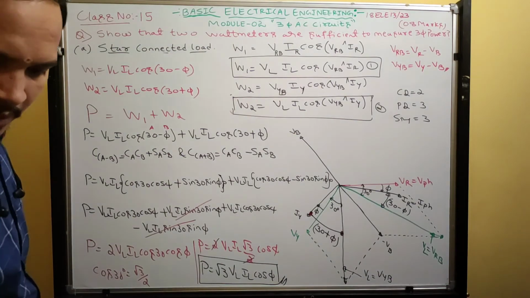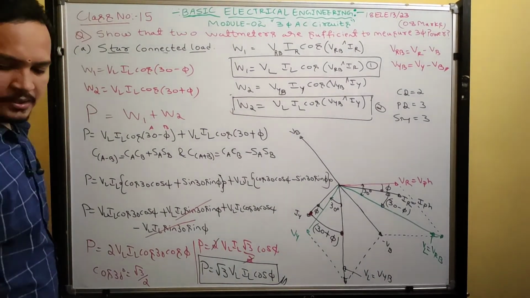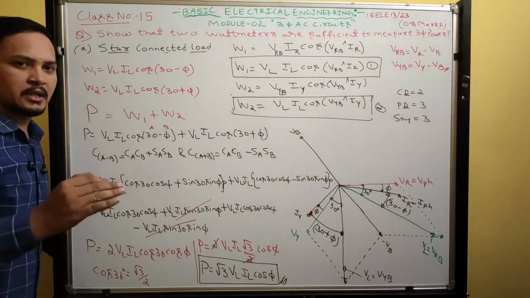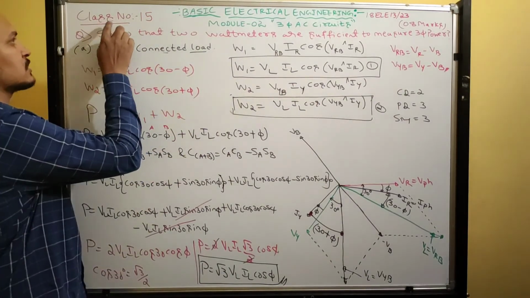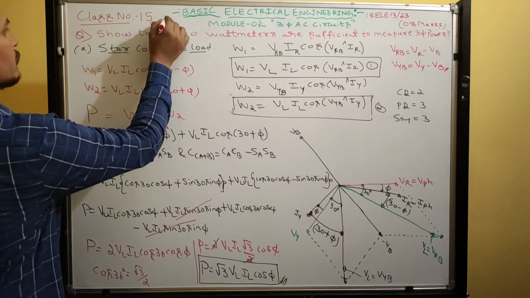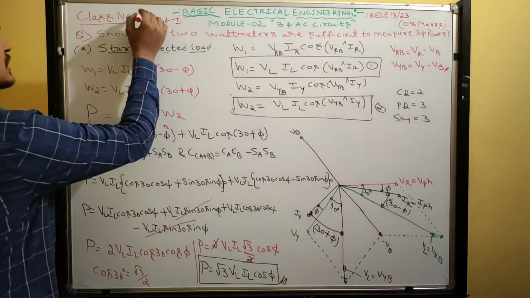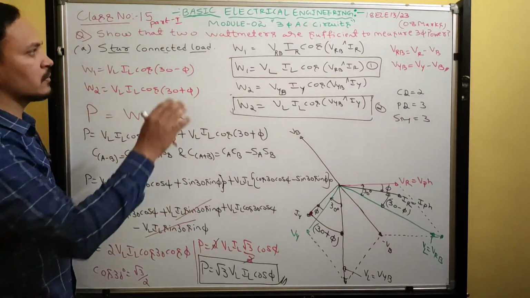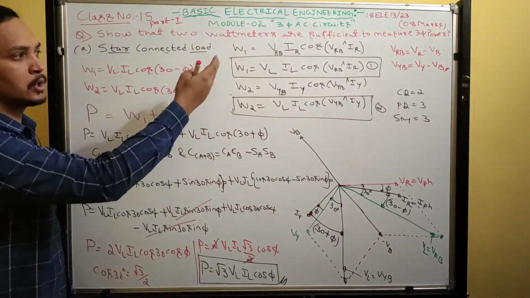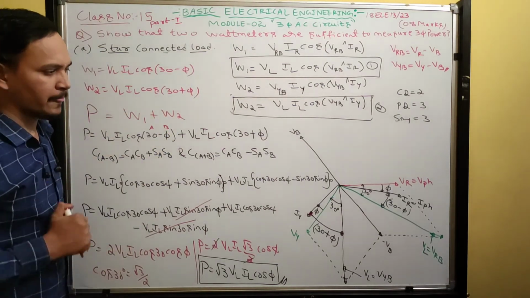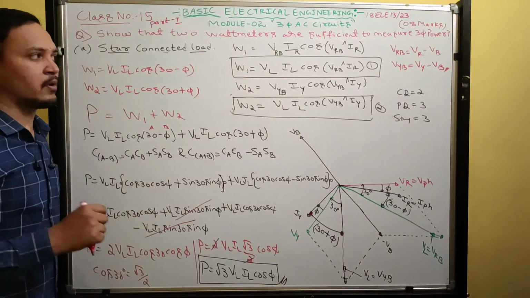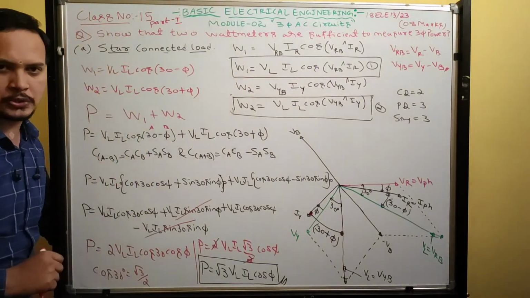Like this, we can also derive for the delta connected load. In the next video, class number 15 part 2, you can get the explanation for the delta connected load. In this video, class number 15 part 1, I explained only for the star connected load how to derive the power by the two wattmeter method. You will get the same formula for the delta connected load also.